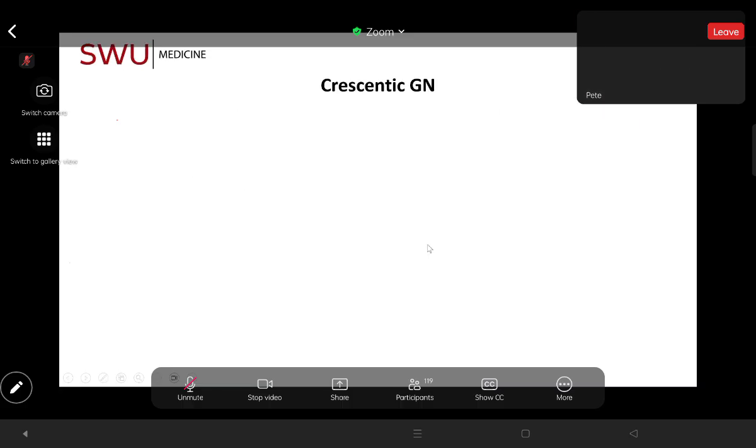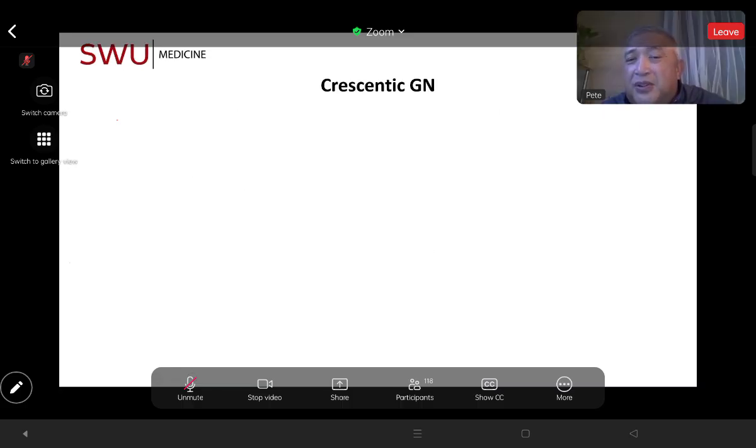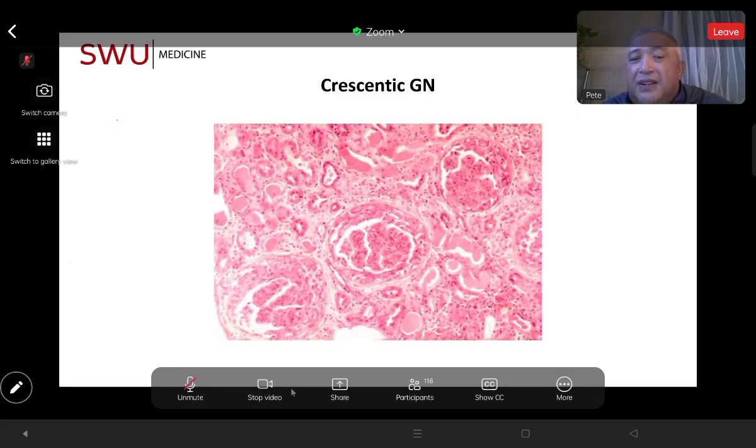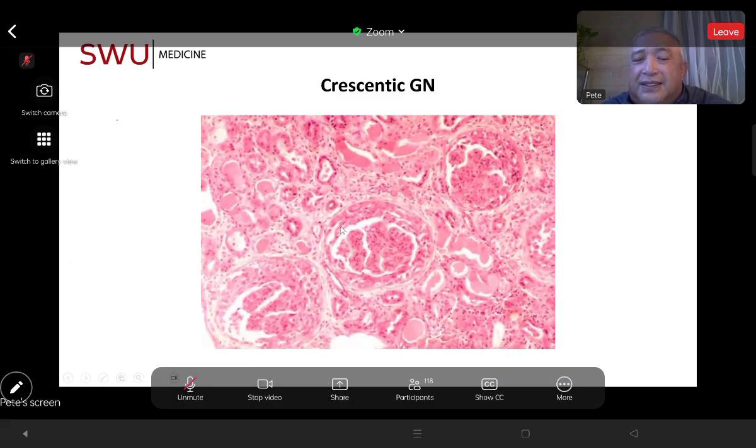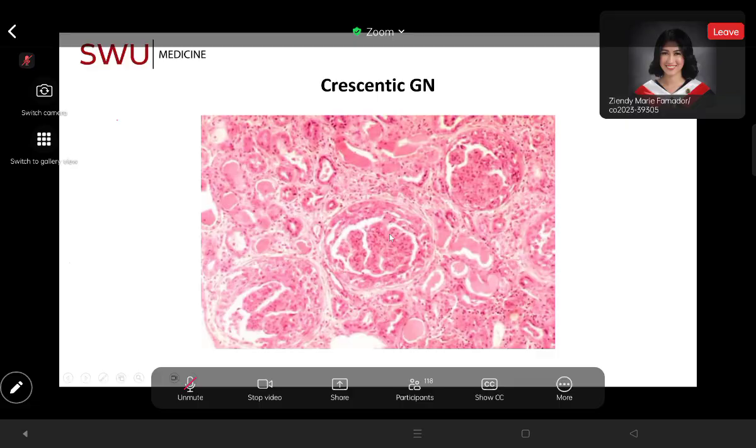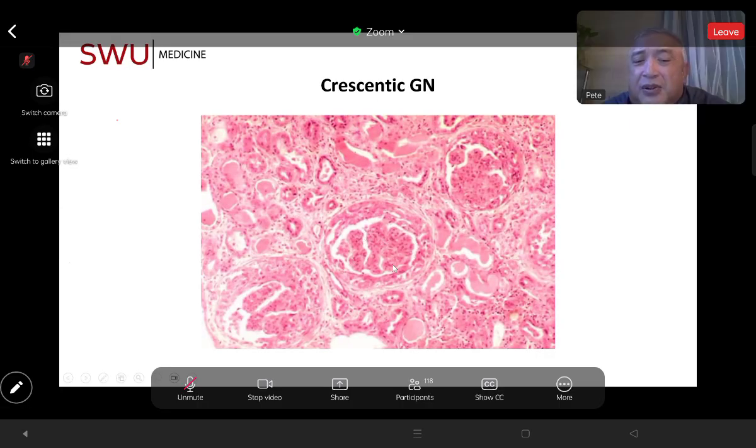The next one is your crescentic glomerulonephritis. Okay? Now, if you take a look at this, you will have the glomerulus here. Can you see my pointer? Yes, Doc. Now, if you take away the glomerulus, you are going to see a half moon or a crescent.